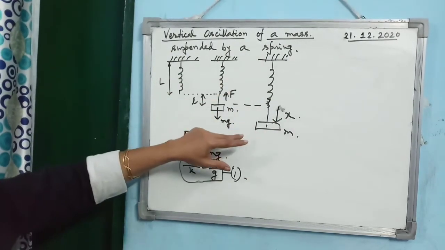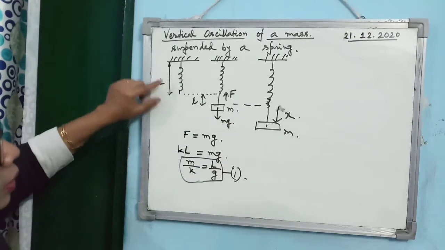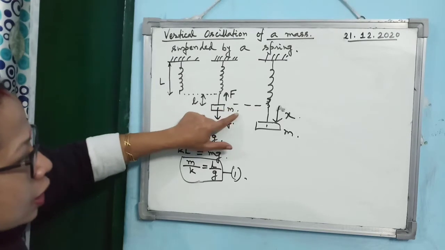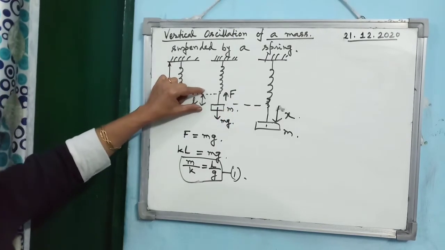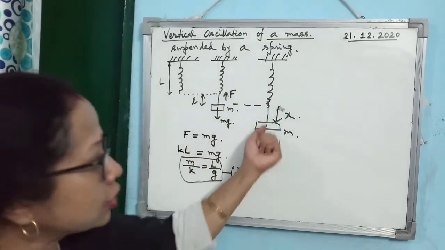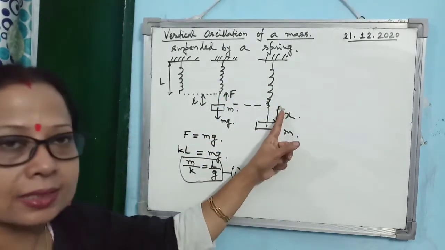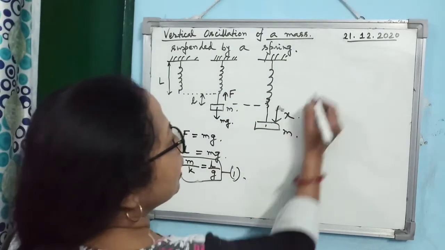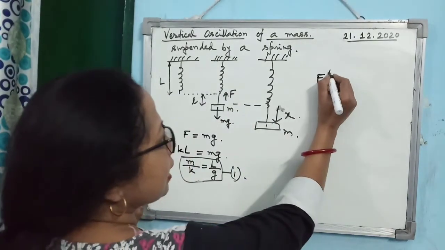You must practice it. This is the original length of the spring. Then due to suspension of the mass, permanent elongation L. Then further you have stretched it down by an amount X and then released. Then what will happen? What will be the restoring force? I am naming it as F dash.